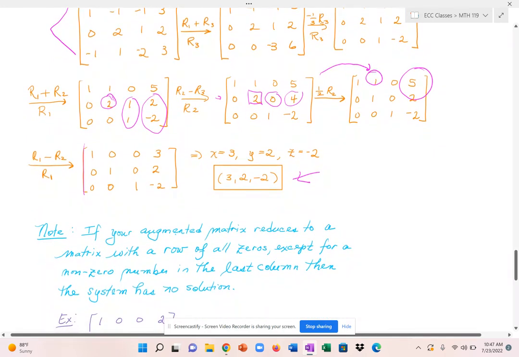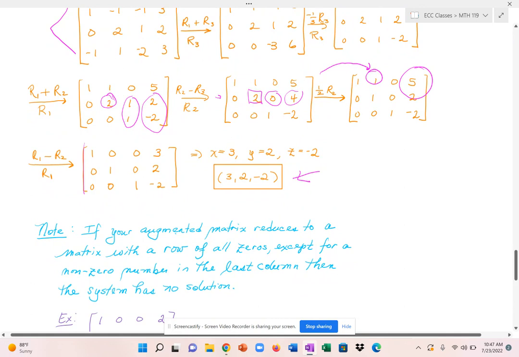So if your augmented matrix reduces to a matrix with a row of all zeros, except for a non-zero number in the last column, in other words, your constant is something other than 0, then your system will have no solutions.